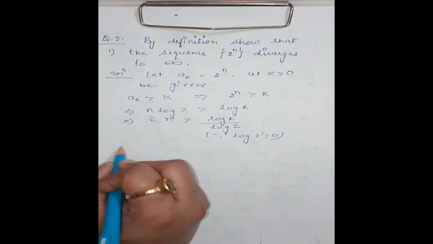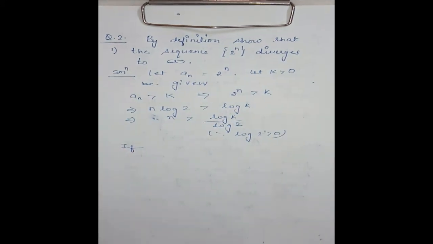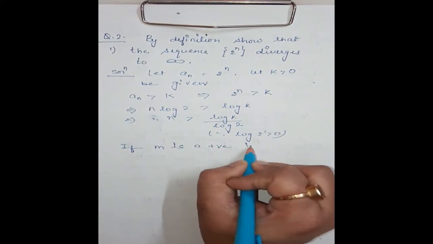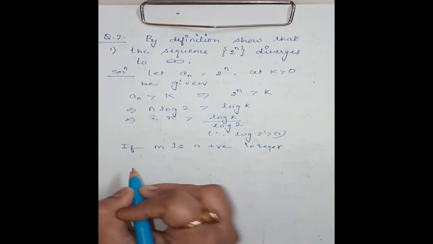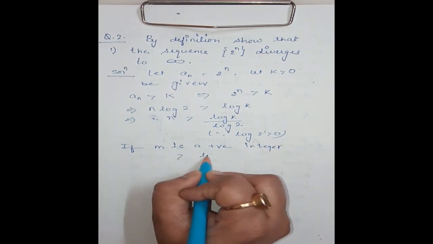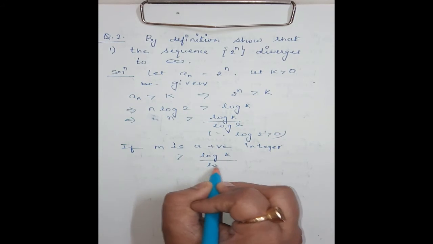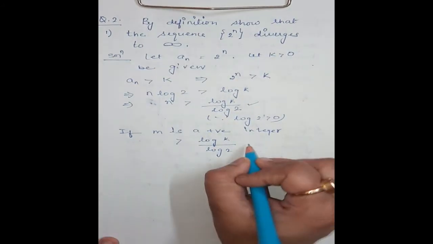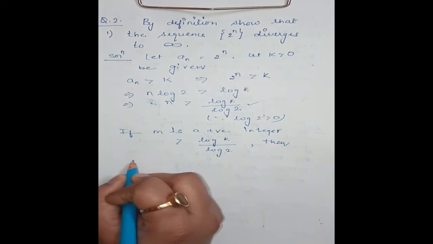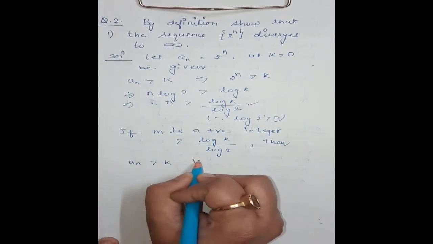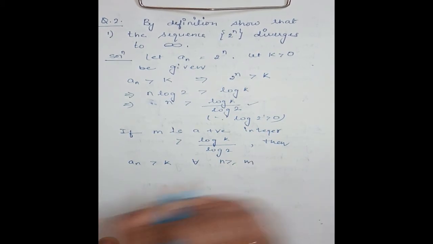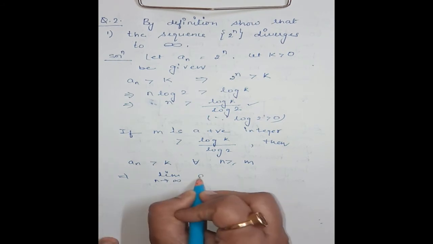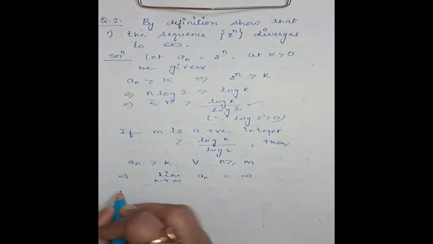Now, if m is a positive integer greater than log k divided by log 2, then we have a_n greater than k for all n greater than or equal to m, and this by definition will imply the limit as n tends to infinity of a_n is equal to infinity.